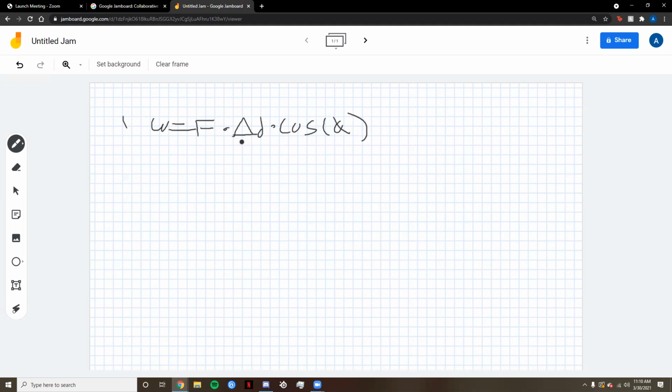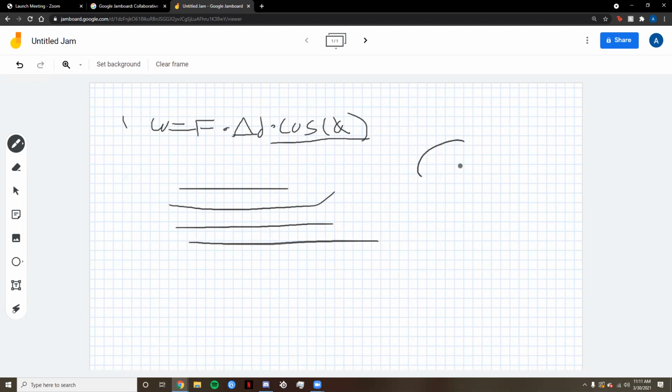The only weird part that we haven't really seen is the cosine, and that's pretty simple. When you read the question, if it says something is dragging, or it's going in the same direction, then the angle is zero since there's no change in degree, and when you put cosine of zero into your calculator, you should get one.